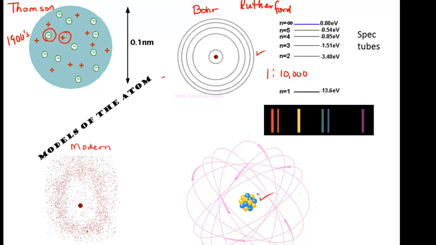And one of the reasons for this was they realized that if the atom absorbed energy, that electrons could be somehow promoted, absorbing that energy, and then they could fall back down to their original energy level again. And these are stepwise. They are not a continuous ramp of energies.